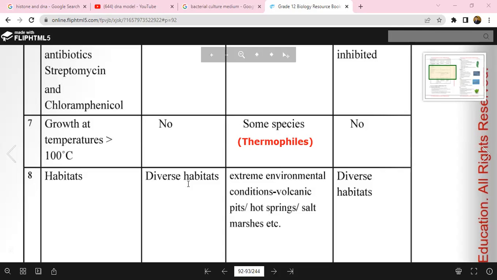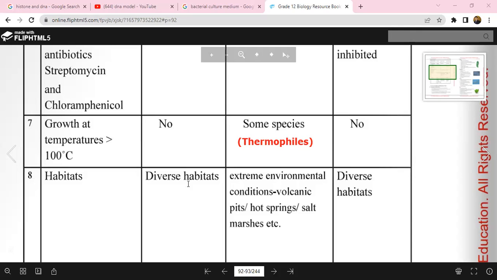Understood? Yes, sir. So this is also not true for all of them. Thermophiles are only one category of Domain Archaea. There are so many different types in Domain Archaea. All of them are together called extremophiles. Among extremophiles, there are acidophiles.